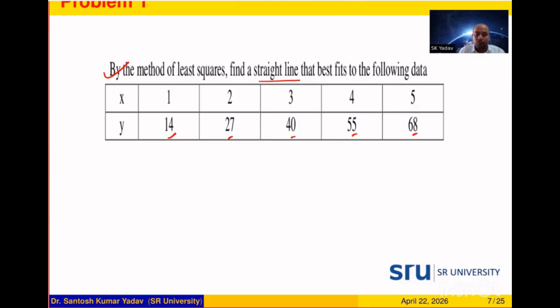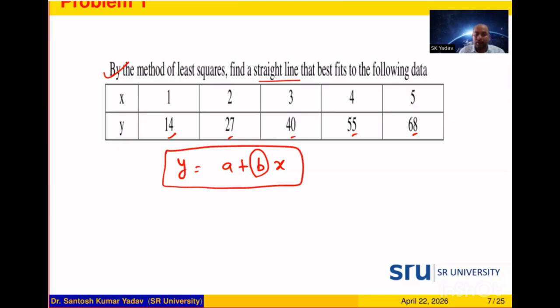So while fitting the line y equal to a plus bx, this b is the slope of the line. So this should be positive because it has positive correlation. So obviously the variables are correlated, and now we are fitting this line so that we can predict y at any value xi.